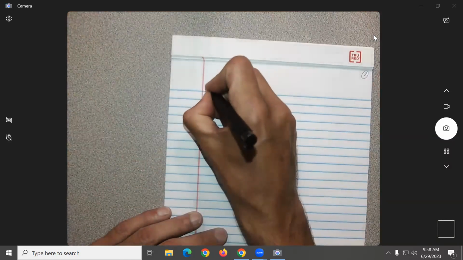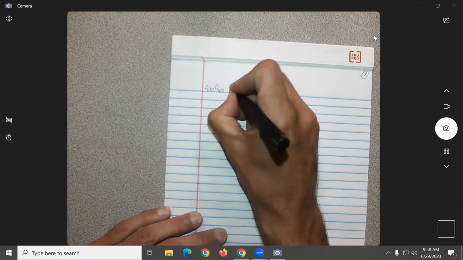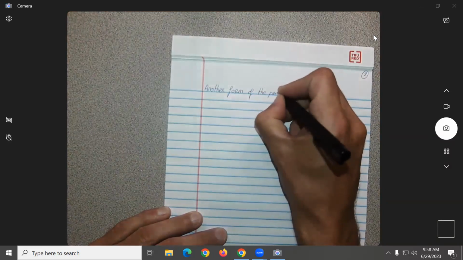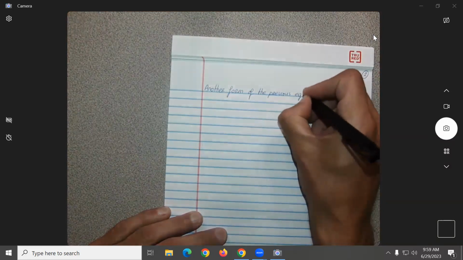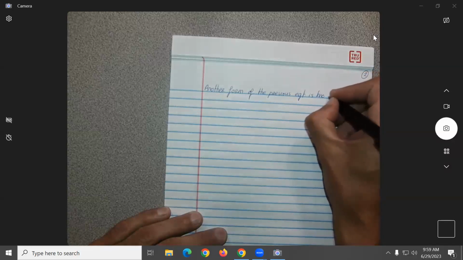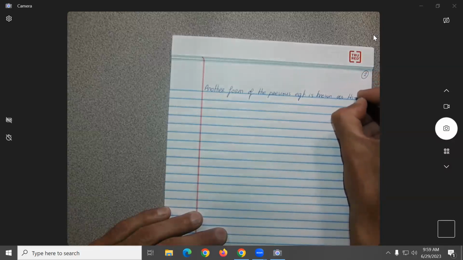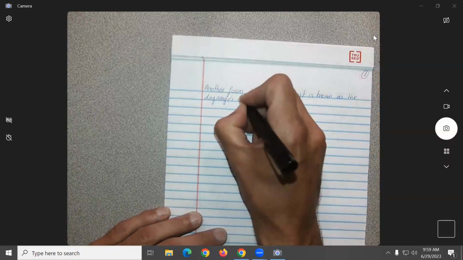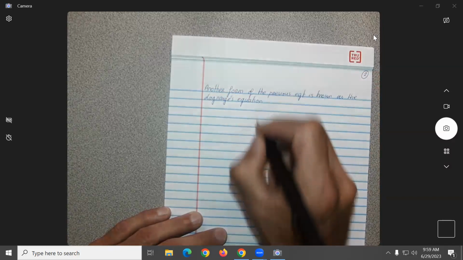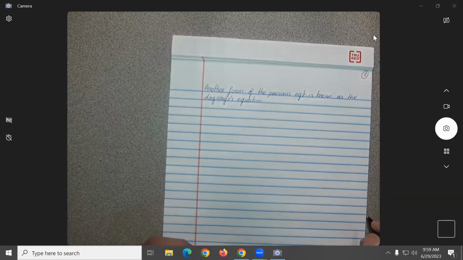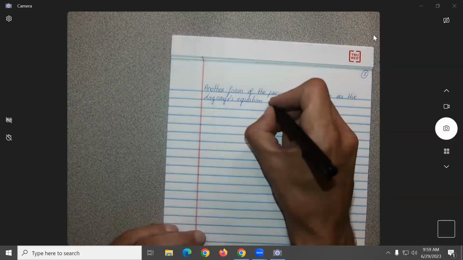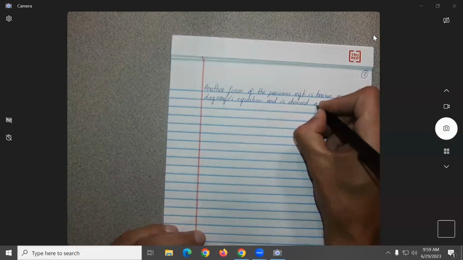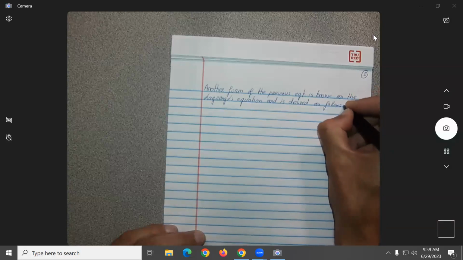So another form of the previous equation is known as the Lagrange equation and is derived as follows.